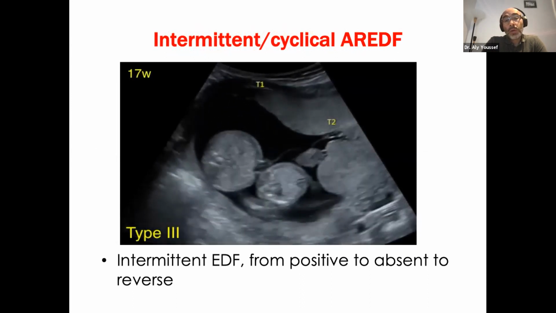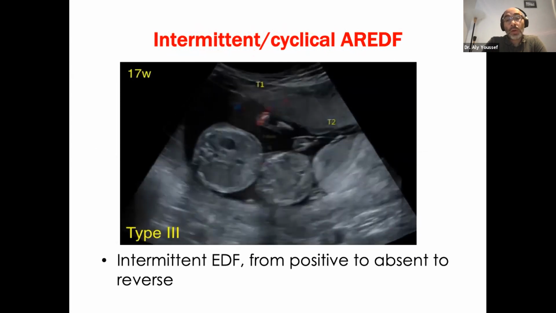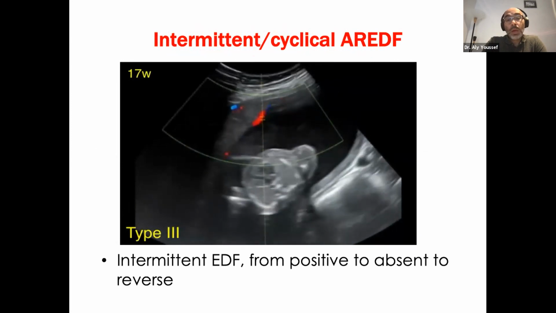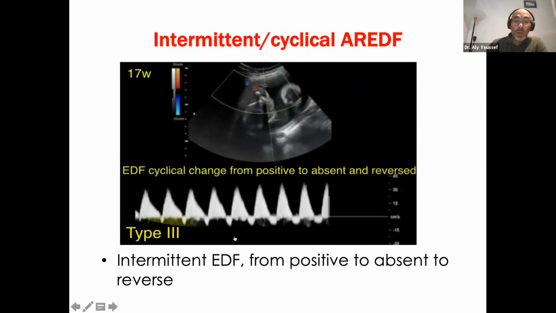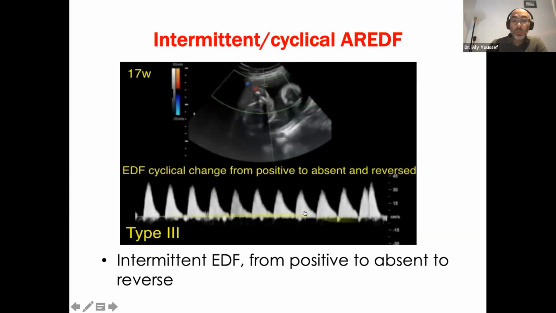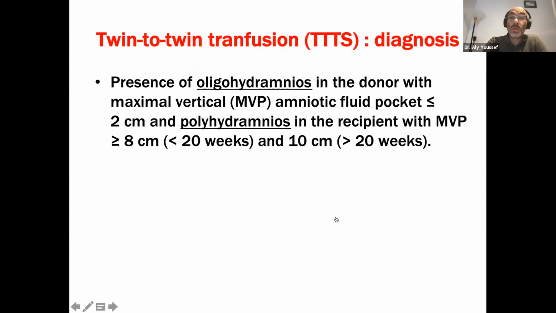This is a case of selective intrauterine growth restriction. There is a large baby and a small baby, and you see how the Doppler changes from reversed end-diastolic flow to absent end-diastolic flow to present end-diastolic flow, and then again absent. So this is a cyclical intermittent absent or reversed end-diastolic flow, which is type 3 selective fetal growth restriction in monochorionic twins.